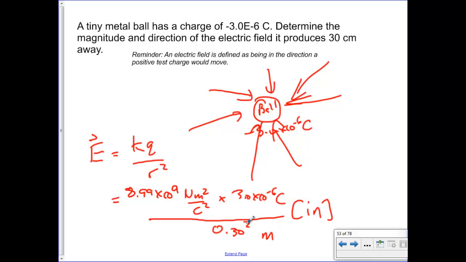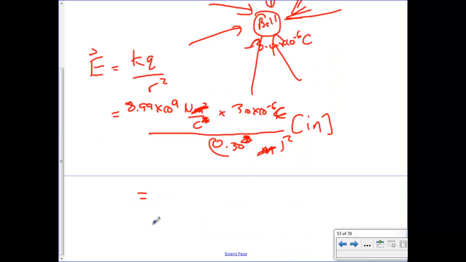So I guess I could write it like this. That way the meters will cancel, one of the coulombs will cancel, and we'll get a unit in newtons per coulomb. So.